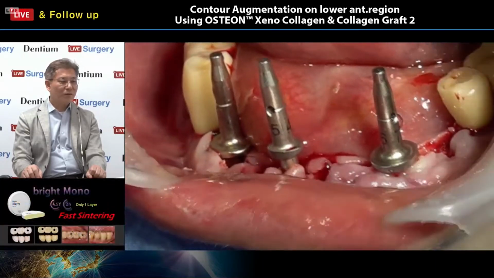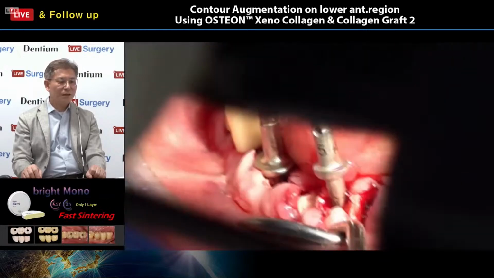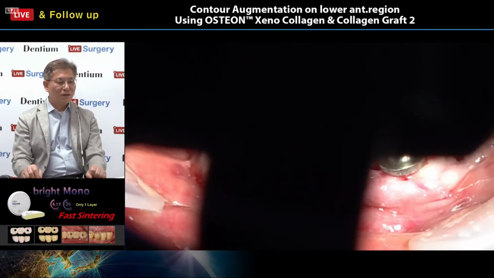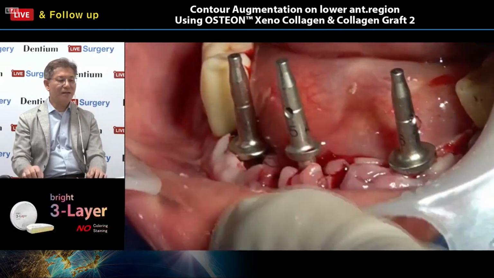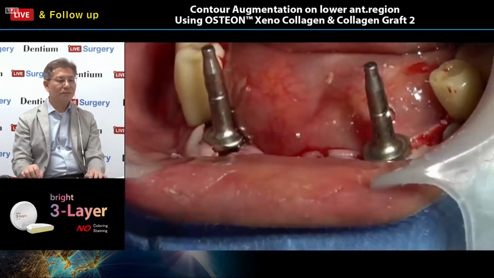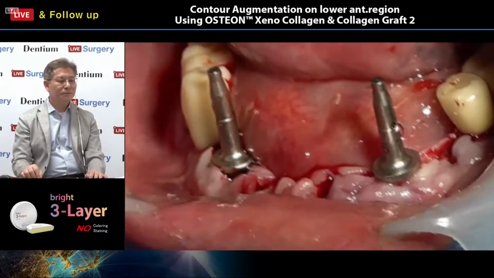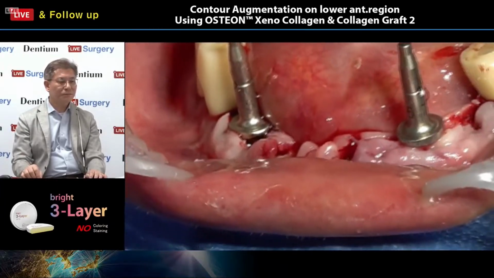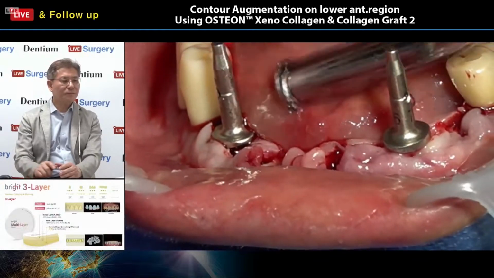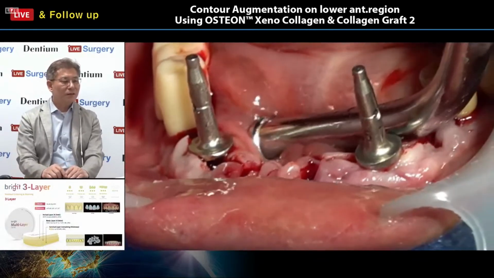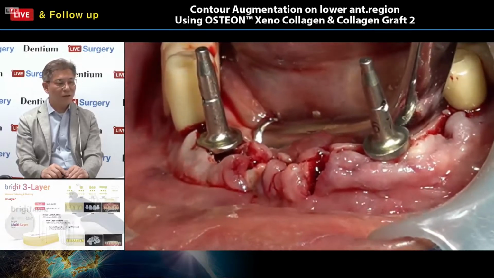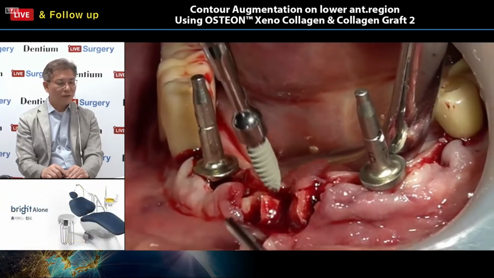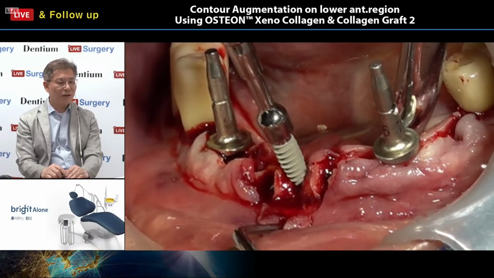Okay, the perfect angulation and direction was achieved using these devices. Okay, so what is the next step? Oh yeah, the insertion of the implant fixture.